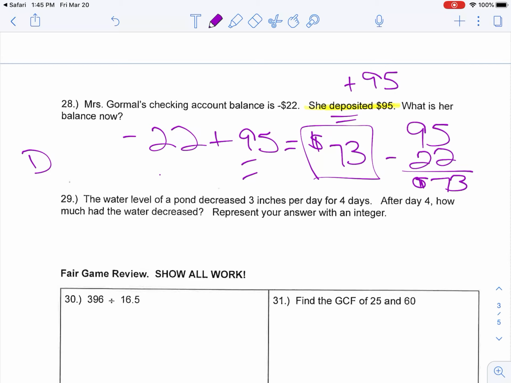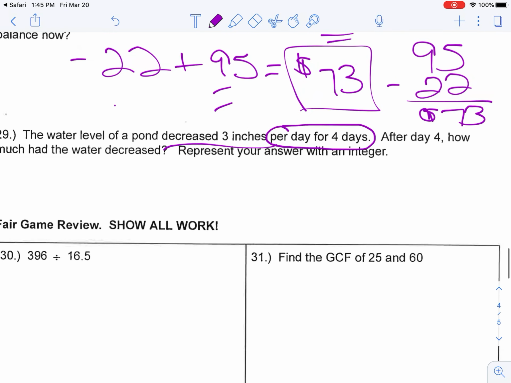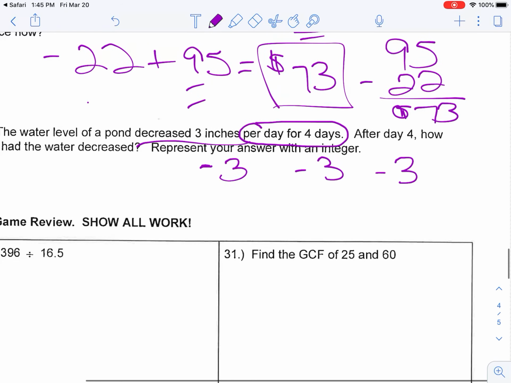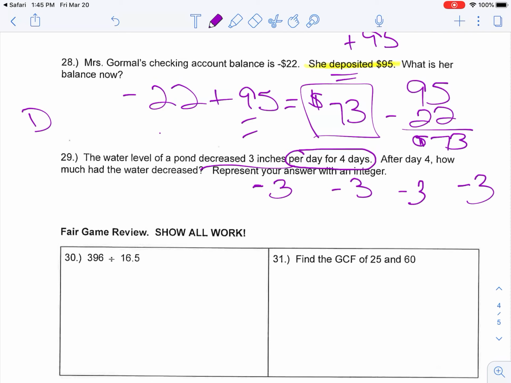Okay. 29, the water level of a pond decreased 3 inches per day for 4 days, meaning it went down 3 inches on the first day, and then another 3 inches on the second day, another 3 inches on the third day, another 3 inches on the fourth day.